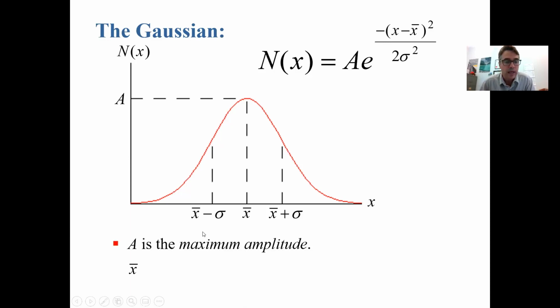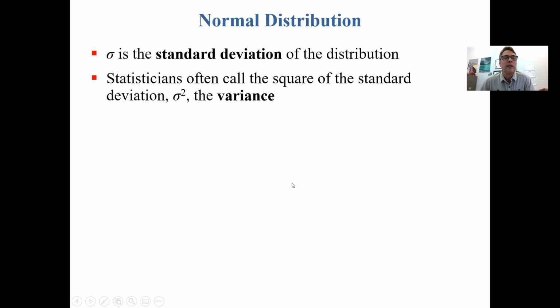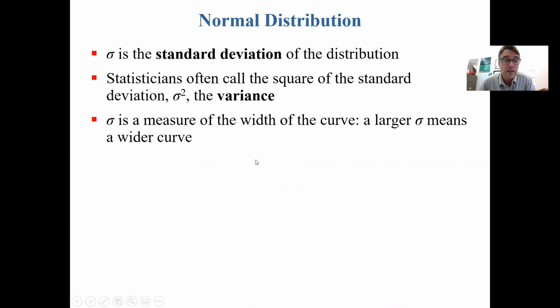So A is the maximum amplitude. x with the little bar on the top is called the mean, or the average, and sigma is the standard deviation of the distribution. Statisticians often call the square of the standard deviation, sigma squared, the variance. Sigma is a measure of the width of the curve. A larger sigma means a wider curve.